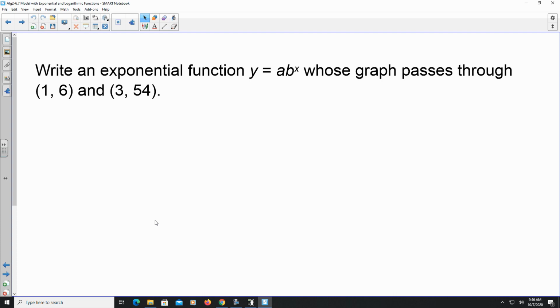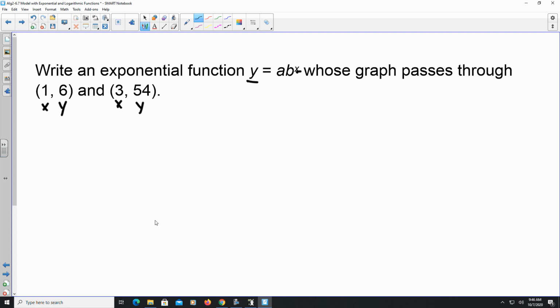Since we have two unknowns, we don't know what a is, we don't know what b is, we need two equations. So luckily we have 2 points that it passes through, and these are going to be our points of x and y. And x and y are going to go here and here respectively.